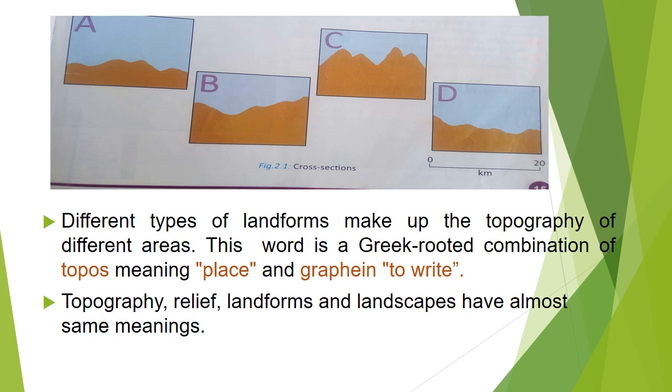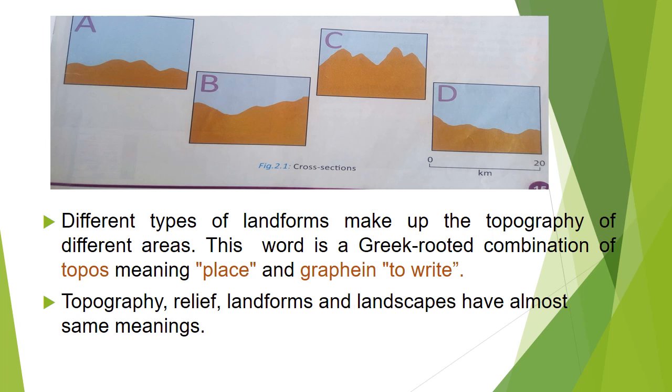Here the most important thing is that different types of landforms make up the different types of topography in different regions. The word topography has been derived from two Greek words: topos means place and graphene means to write.